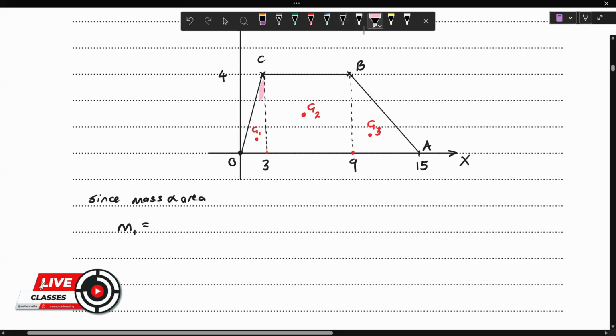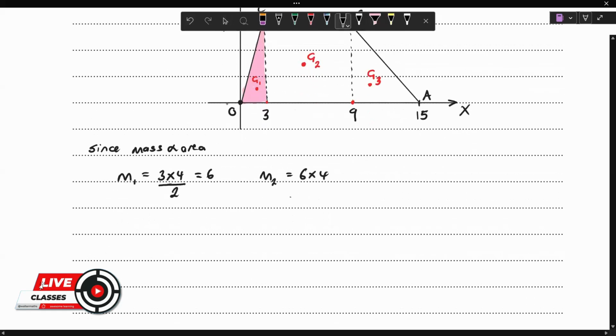Its area, since it's a triangular lamina, is base times height over 2. So that's 3 times 4 over 2, which is 6. Then M2 is the mass of the rectangular lamina, right at the middle, which is length times width. So the length is 6. So basically 6 times 4.